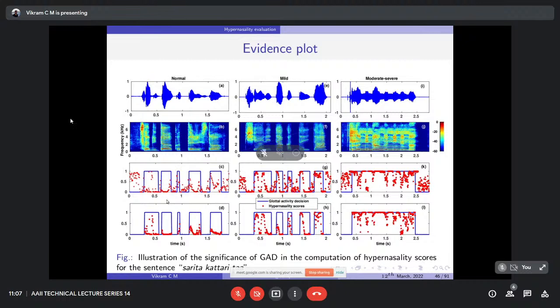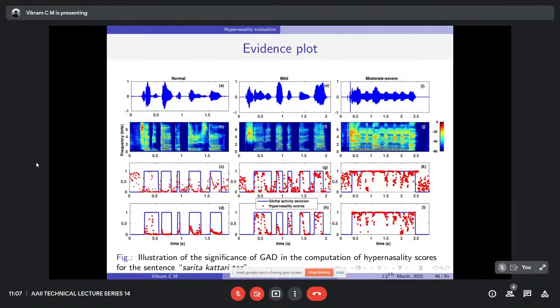These are the posterior probability values displayed here. For the normal case, since there is no nasal acoustic energy emitted in the speech signal, the posterior probability values are very low. So I showed the motivation for using glottal activity detection or voice activity detection: whenever there is no speech activity, we get spurious scores.